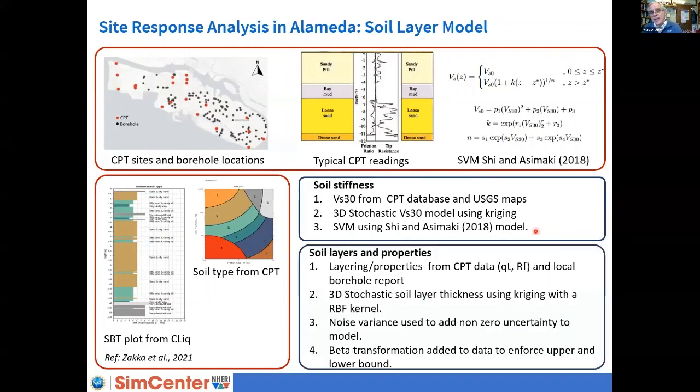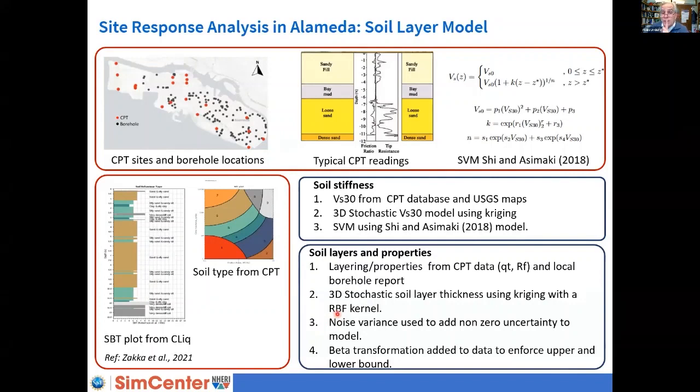And then the other thing is the layering. The layering is important because knowing the layers, we can identify which layer is liquefiable, and which are the properties that need to be used for those layers. And once we had that, we also developed a 3D stochastic soil layer model that defines the different thicknesses for these layers, again using kriging, in this case with what is called an RBF kernel.